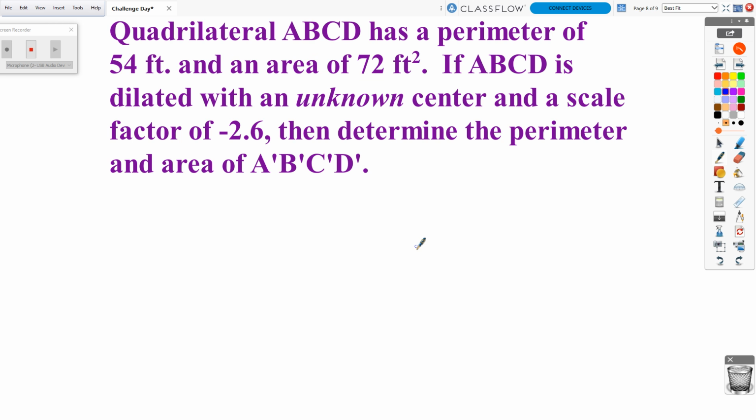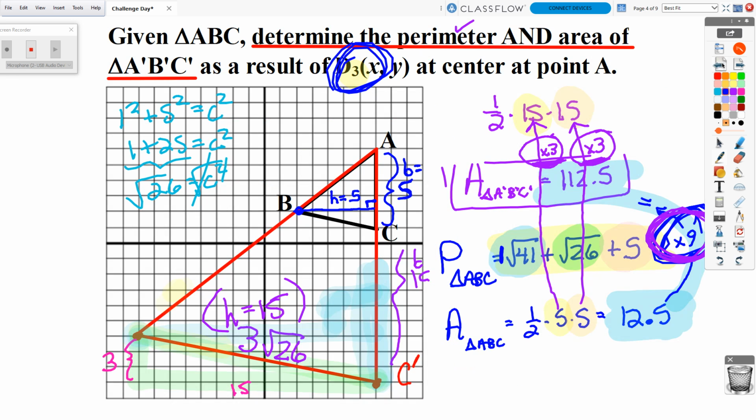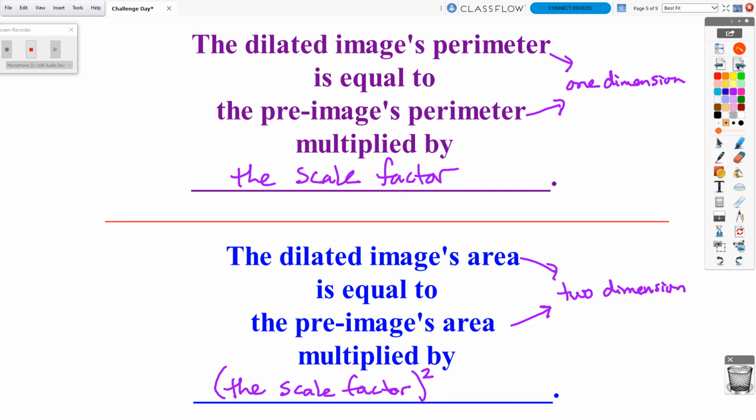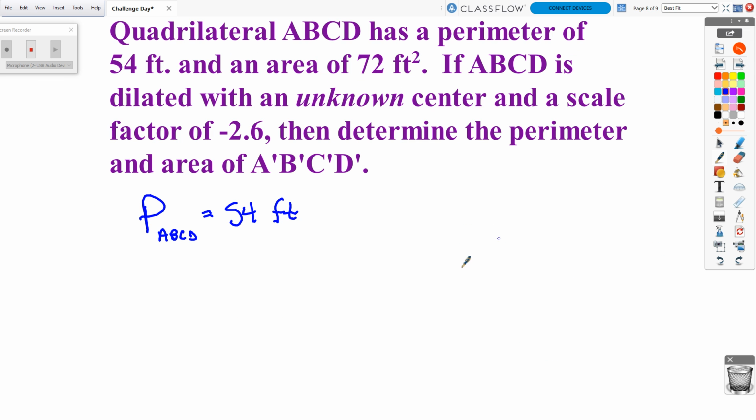Okay? So let's start with our perimeter, right? The original perimeter of ABCD is 54 feet. And what did we say we could do with our scale factor with perimeter? So let's just kind of go back. Let me re-jog your memory here. What we found out was that if we took our original perimeter and we multiplied it by the scale factor, we got our new perimeter, right? But there's a little twist in this last problem.